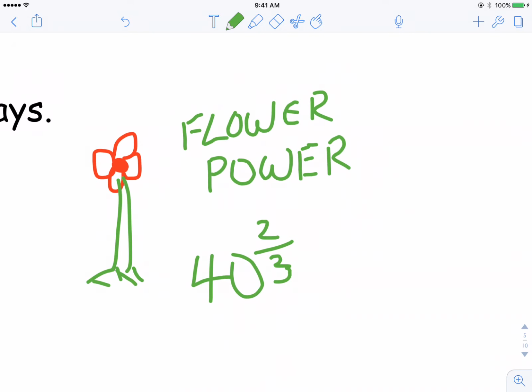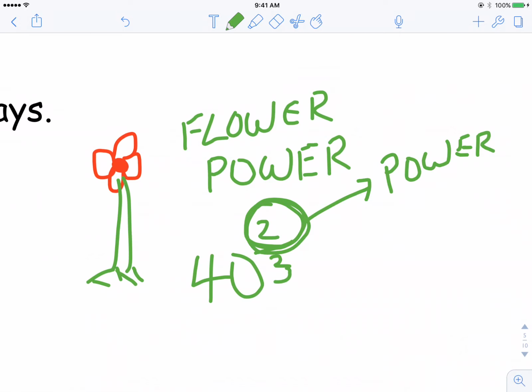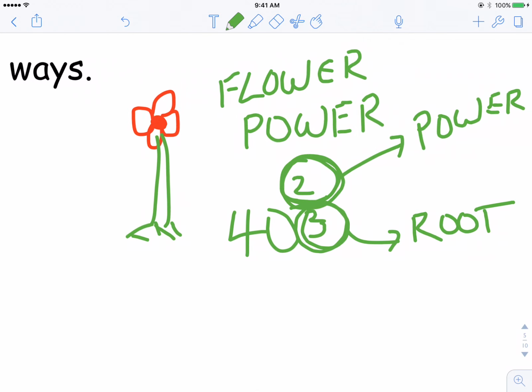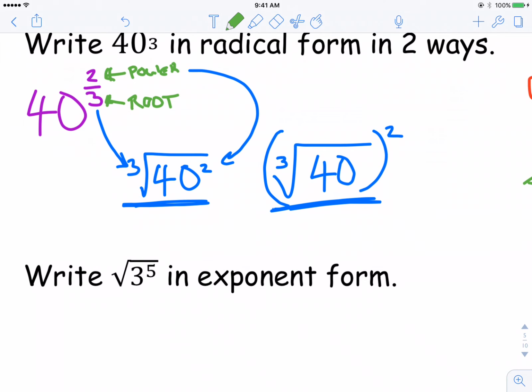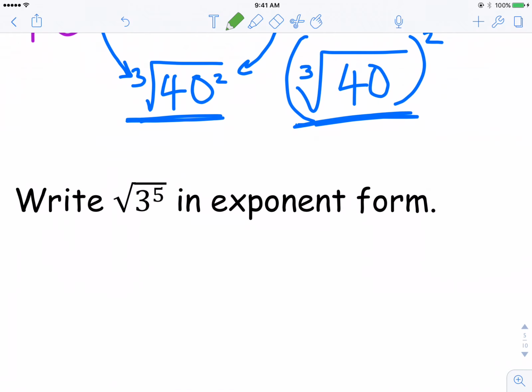Flower power, in a flower, this is at the top, this becomes our power, and because flowers have roots, well, this becomes our root. So it may help you, it may not help you. I don't use it very much anymore because I know there were a few students that did get confused with it. But remember, flower power, the flower is the power and the rest is the root, and that might help you.